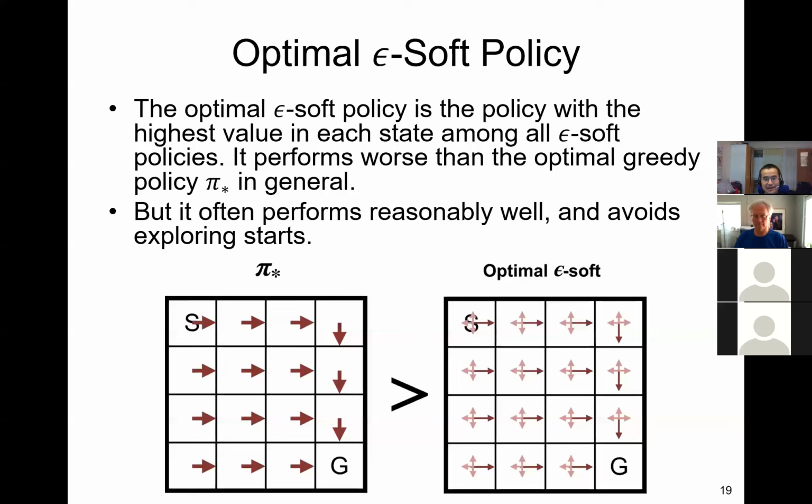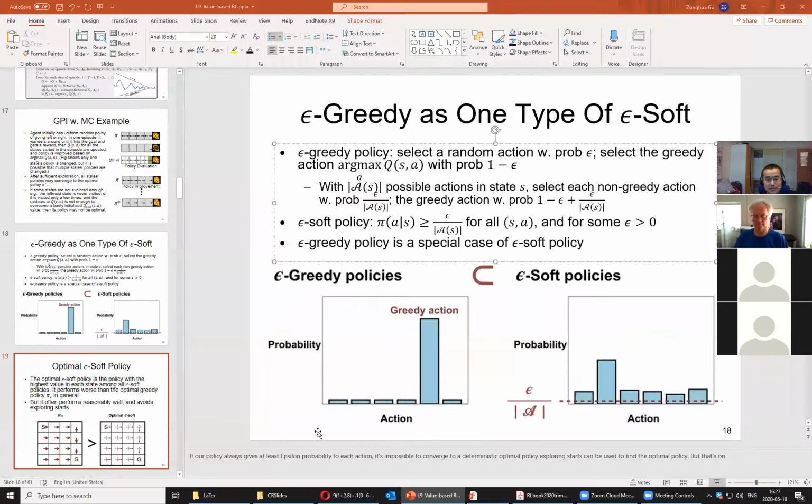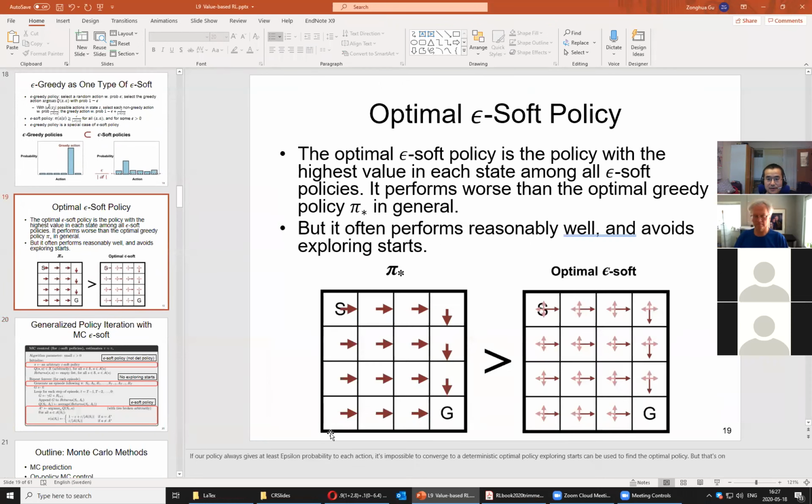So if you add epsilon soft to it by having some exploration, the resulting policy is worse than the optimal greedy, deterministic policy.